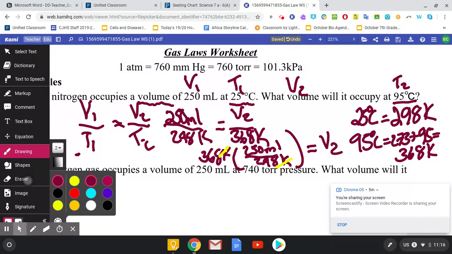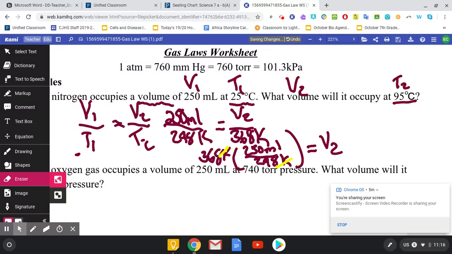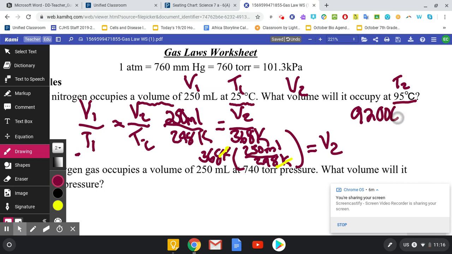While you're pausing it, I'm going to erase over here. What you should see is that 368 times 250 is 92,000. We have to keep our milliliters there, and we've canceled out our Ks.